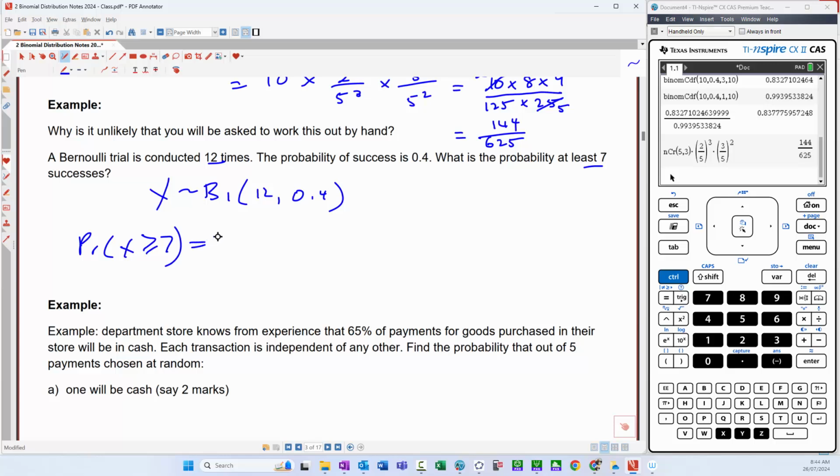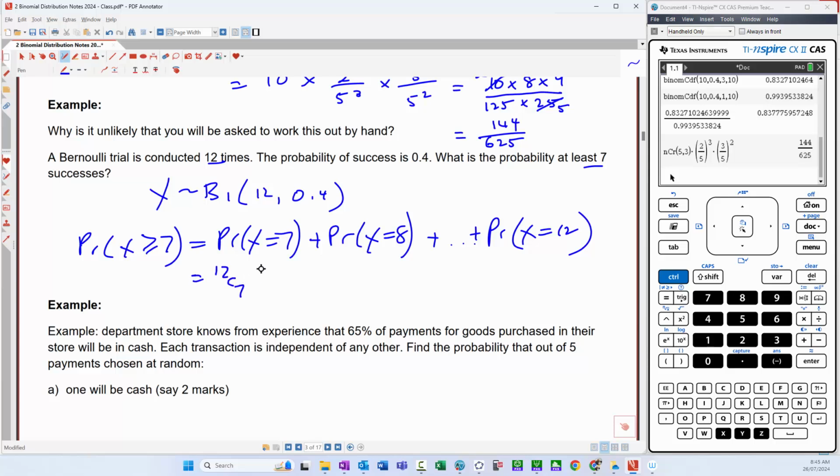Okay, so all looking okay so far, but what are we going to have to do? Well, we're going to have to work out the probability that the random variable is equal to 7 plus equal to 8 plus all the way up to plus x equals 12. So this one here would be 12 choose 7, 2/5 to the 7, 3/5 to the 5.